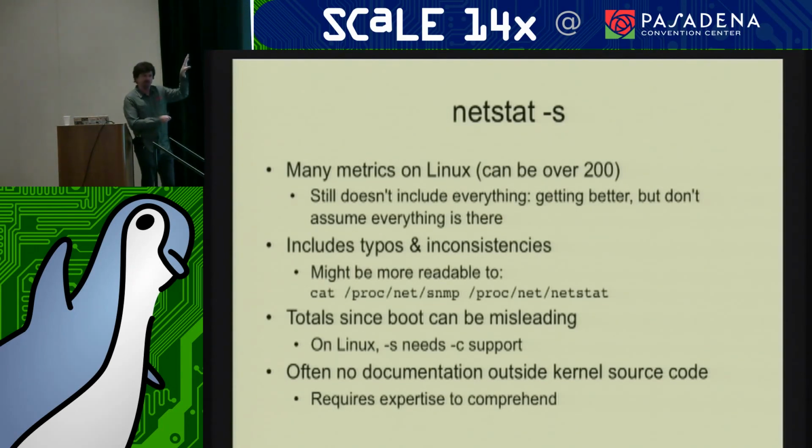And there's other stuff that I want that's actually not part of netstat -s, which you may assume is there when you see so many statistics. There are more minor things like typos and inconsistencies, and there's often no documentation outside of the kernel source code, so it does require some expertise to comprehend.